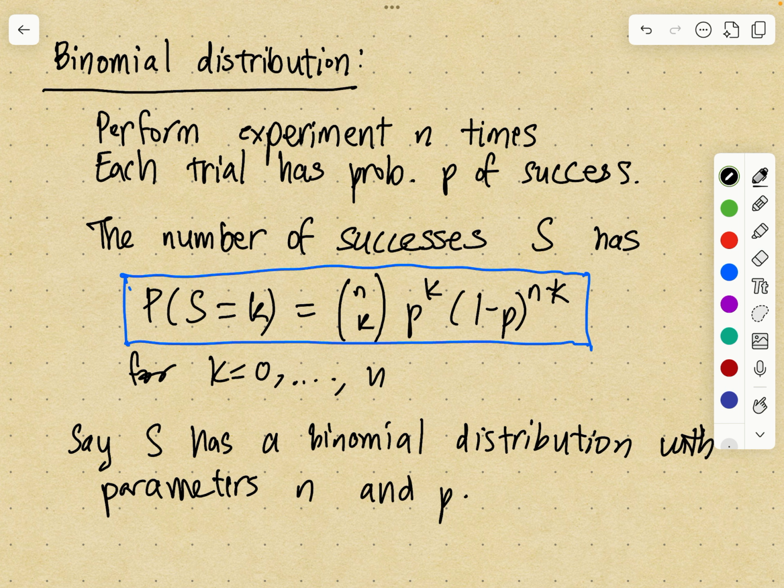So any discrete random variable with this probability distribution is said to have the binomial distribution with parameters n and p. Okay.